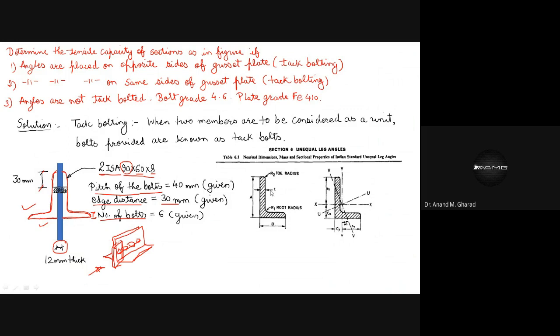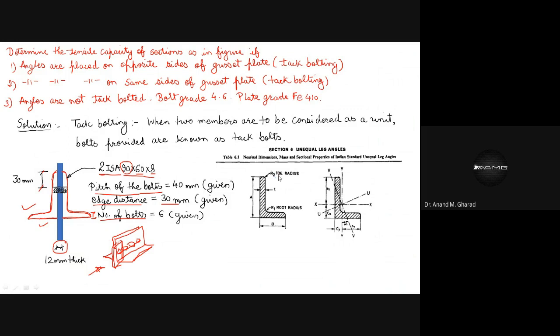As you can see over here, I have considered this from IS 808. In this angle section, there are some terminologies. This is the long leg, short leg. This is the curved portion, wherein you will find there is some root radius associated with it. And over here, this portion is again curved.